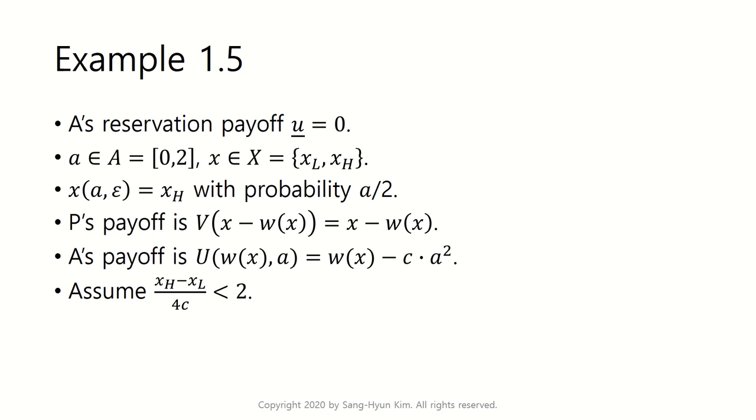Even though at first glance, now the agent has more options, more choices, more effort levels that the agent can take, so maybe the problem becomes slightly more complicated, but as a matter of fact, as we will see very soon, actually the problem becomes simpler to analyze. So let's see.